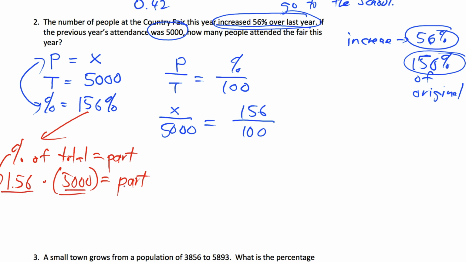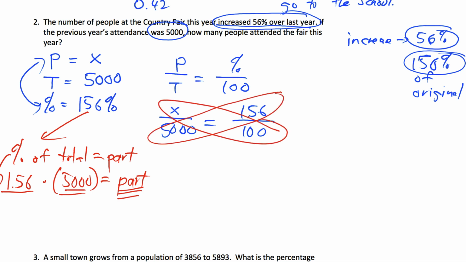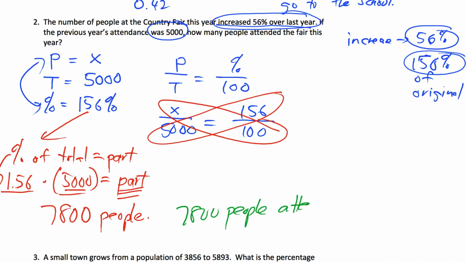This multiplied by this will give you the part. That will result in the same answer as cross-multiplying and dividing by 100. So if you take 1.56 and multiply by 500, you will get 780 people. So 780 people attended the fair this year.